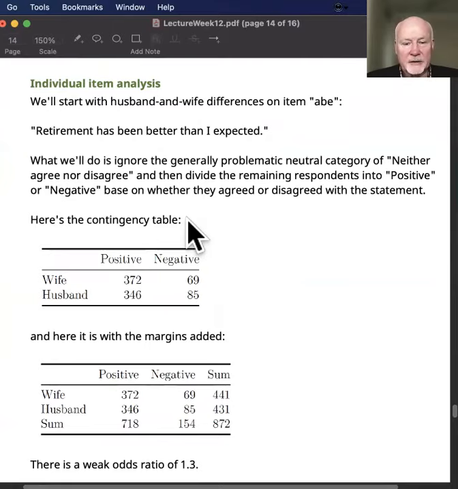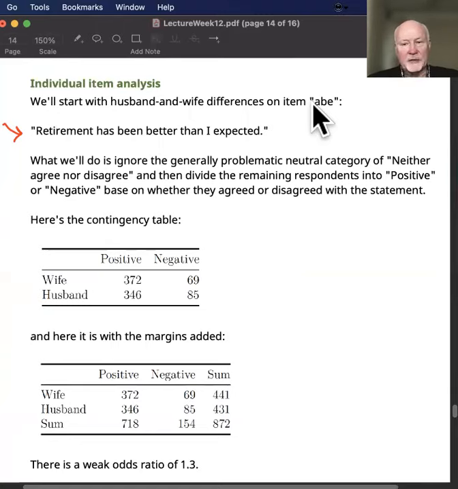The first comparison here is the question "retirement has been better than I expected", and a variable which is husband-wife. The question is whether there is a difference between husbands and wives on this particular question.